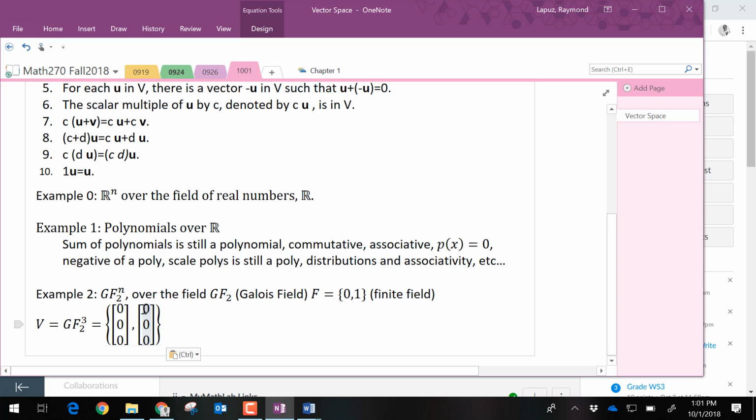And all we have to do is put all the possible combinations of all the possible vectors that we can come up with here. How many more?